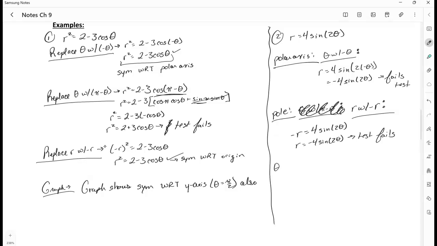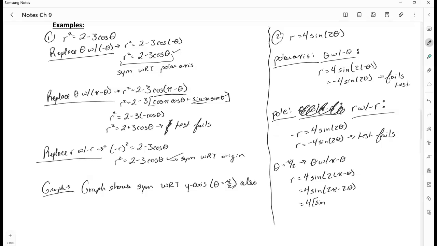And then if we check with respect to the line theta equals pi over 2, that's the one where we're replacing theta with pi minus theta. That's the one that's going to take a little bit of work for us. 4 sine of 2 times pi minus theta. So that's going to be 4 sine of 2 pi minus 2 theta, and that's where we're going to use the sum and difference formulas from chapter 7.